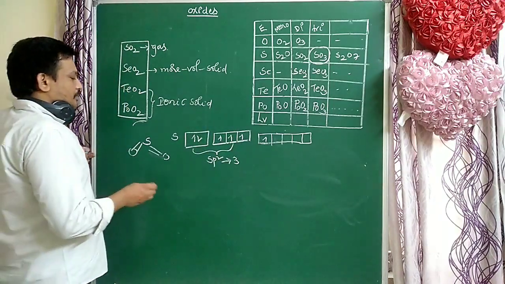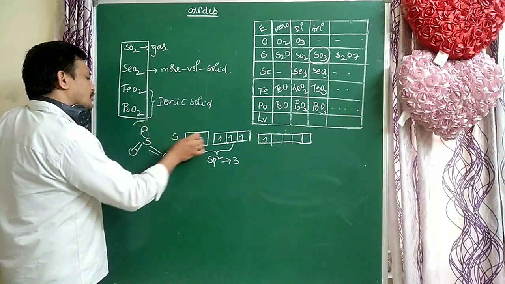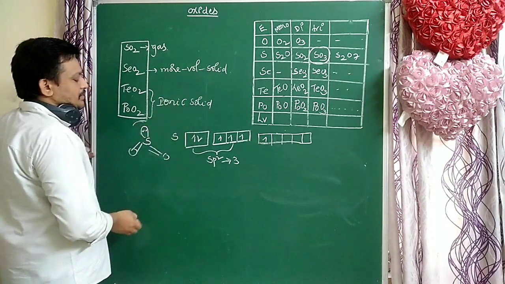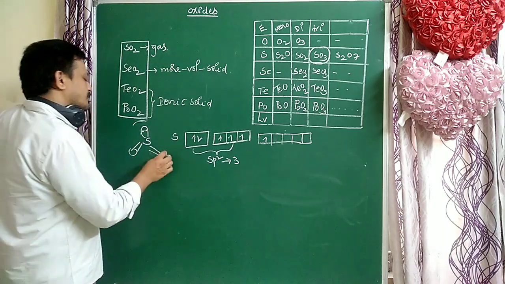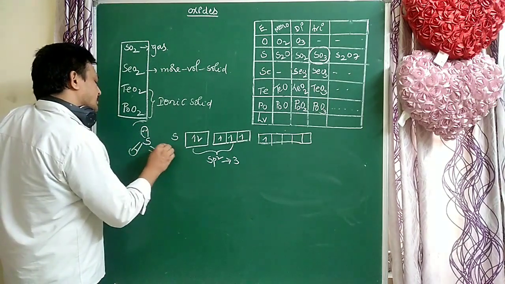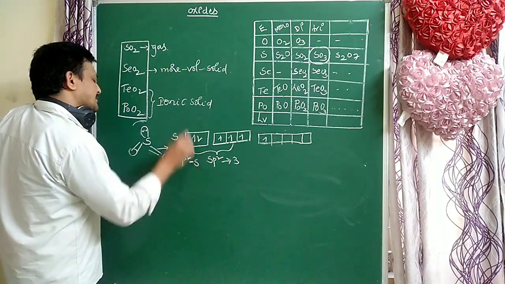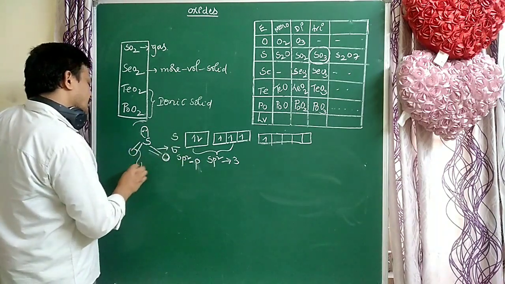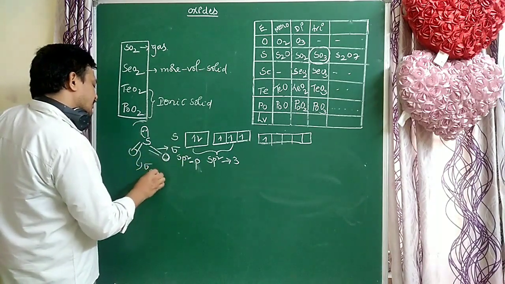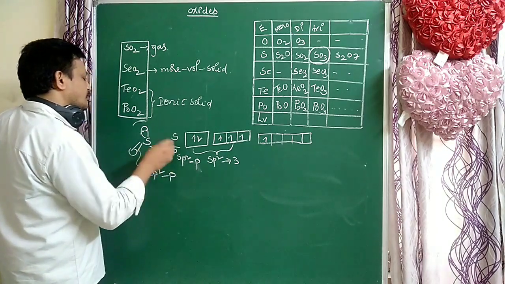One orbital has the lone pair, and the remaining 2 orbitals form 2 sigma bonds with the oxygen atoms. Each is a sigma sp2-p bond. 2 bonds are there.